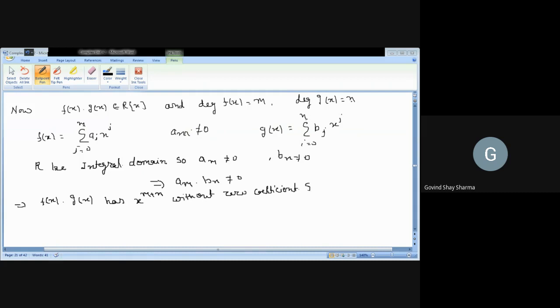So f(x) dot g(x) is not equal to 0, and we can say R[x] is an integral domain.